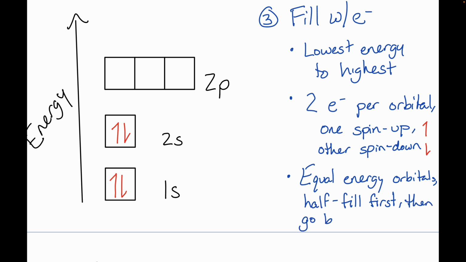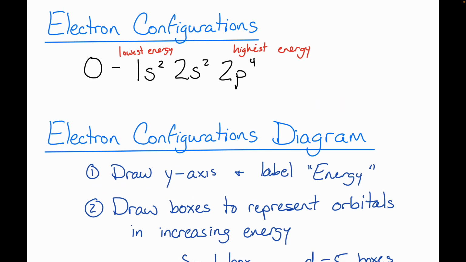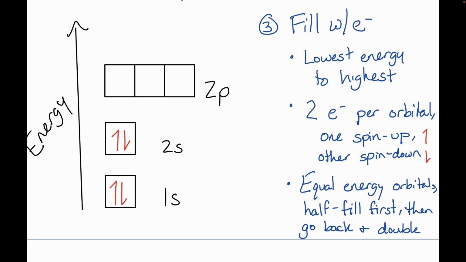Then go back and double up. All right, so what the heck do I mean by that? How many electrons am I going to put in that 2p orbital according to my configuration here? 4, right? So I need 4 arrows in these boxes here. How many am I allowed to put per box? 2. One has to be spin up, one has to be spin down.